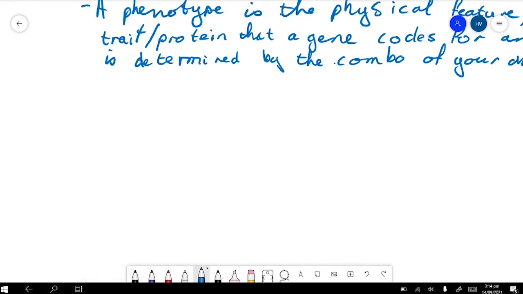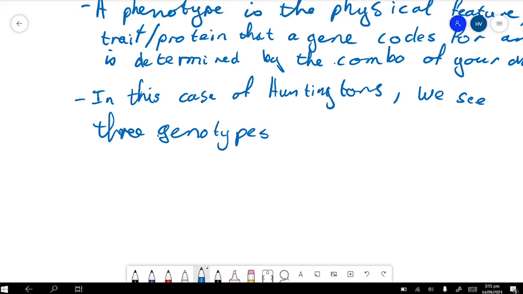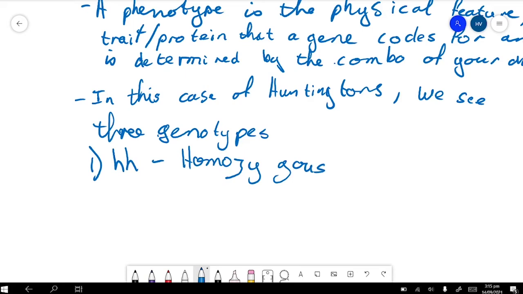So in this case of Huntington's, we see 3 genotypes. Number 1 is homozygous recessive.